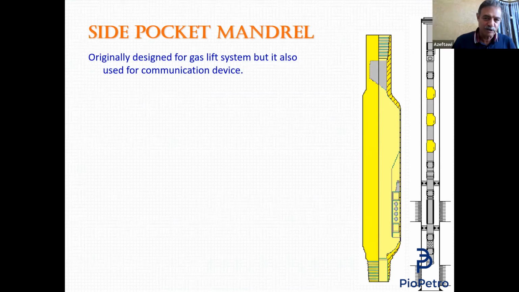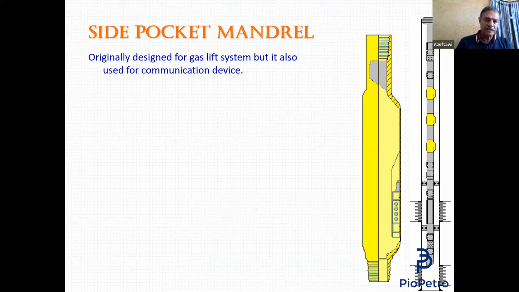So if by mistake, for example, you have the gas lift valve for side pocket mandrel number 1 and you set it inside pocket mandrel number 2, this valve will not work. You set it for a different differential pressure, so it will not see this differential pressure and will not operate. So the depths have to be very accurate.